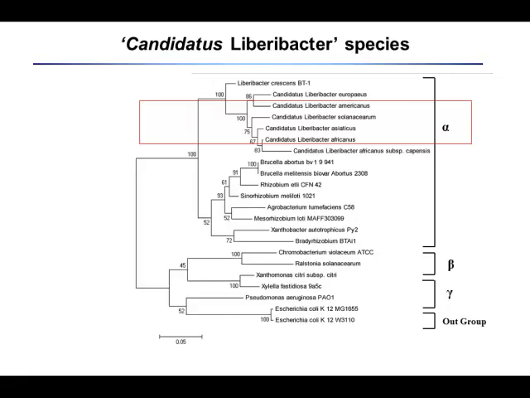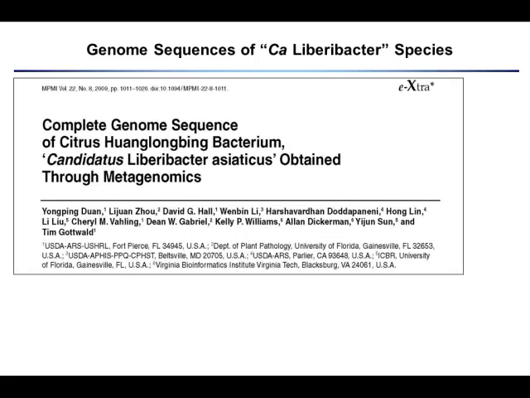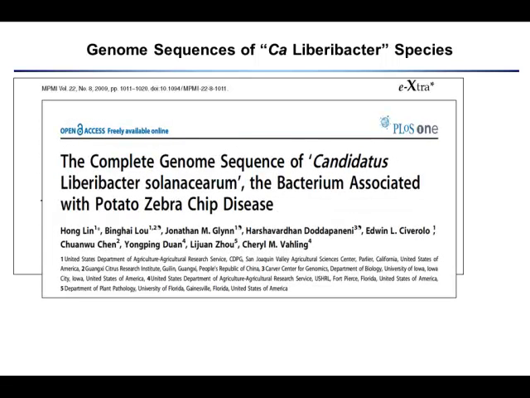Several years ago, I think starting 2007, we started the genome project to get the whole genome sequencing of the Liberibacter. We first completed the genome for Asiaticus, the U.S. Florida strain, followed by the completed genome in 2009 of solanacearum, which causes potato zebra chip disease.